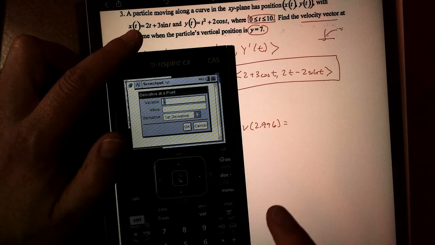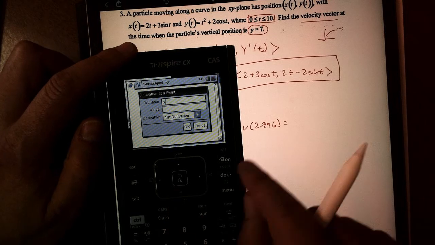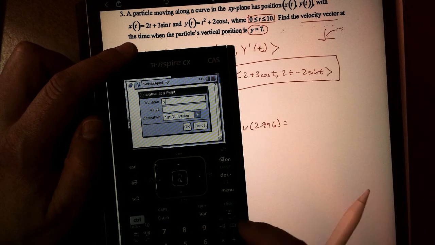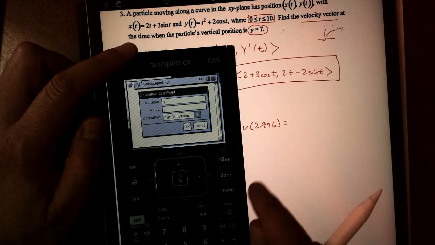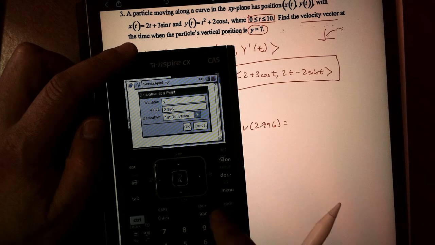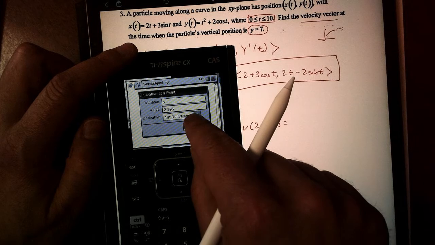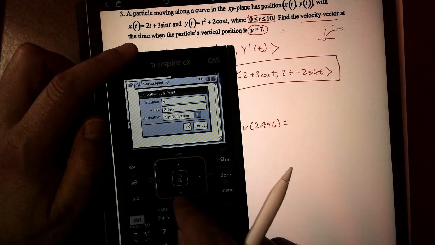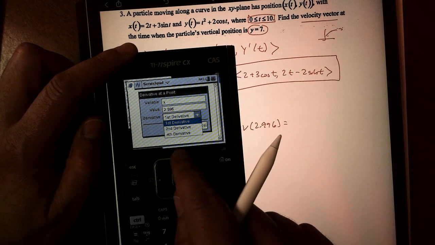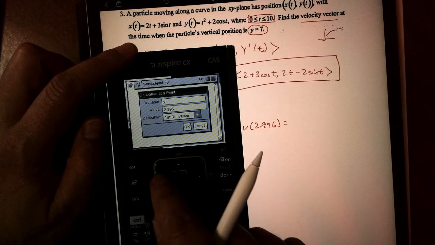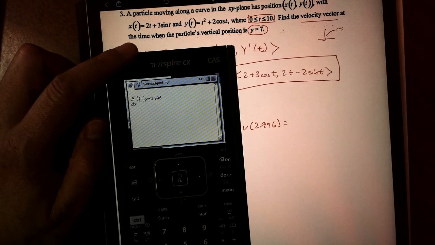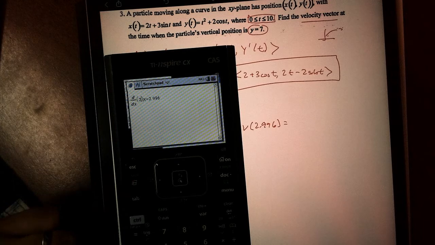I can use t or x, I'll just keep it with x. Press 2.996. I'm looking at the first derivative because I want velocity. If I want acceleration, I can change this to the second derivative, but I want velocity. So I just press Enter, and then I type in my function.